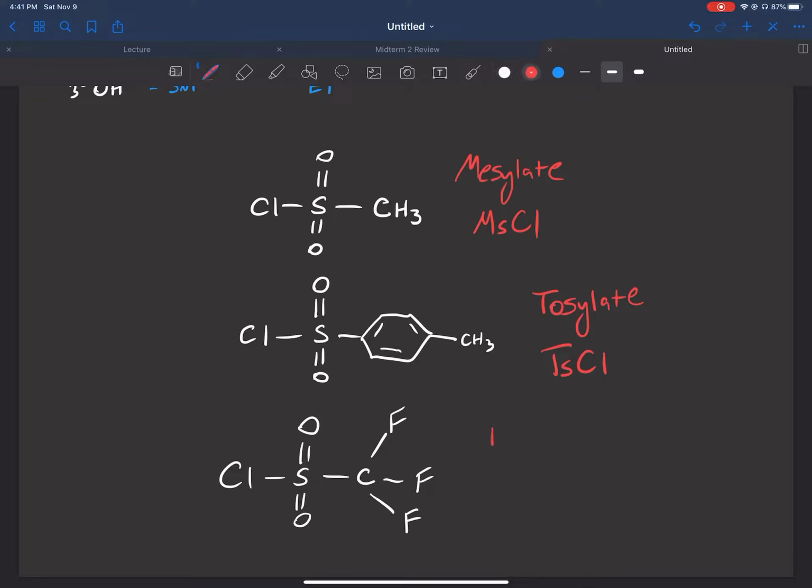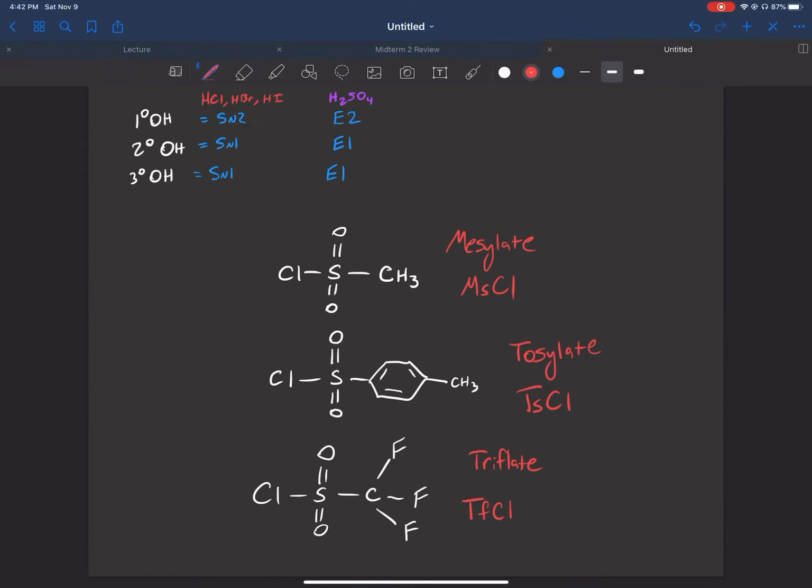All right, and so this is a triflate. So we write TfCl. You should definitely know these abbreviations because they could either write the abbreviation on your test, or they can write the full structure. So if you can't remember the full structure, please put it in your index card so that if they give it to you, you'll still know what it is.